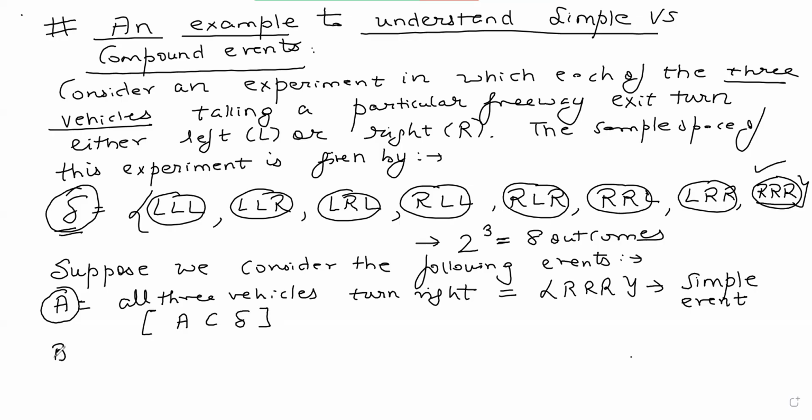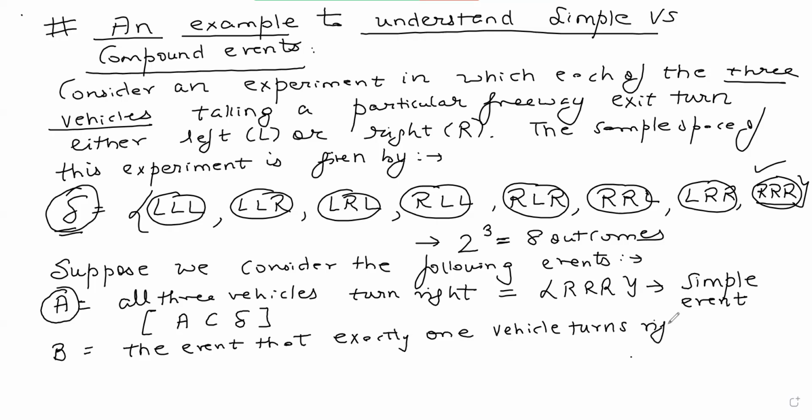Okay, let's consider event B. Event B is the event that exactly one vehicle turns right. How many cases do we have where only one vehicle is turning right?